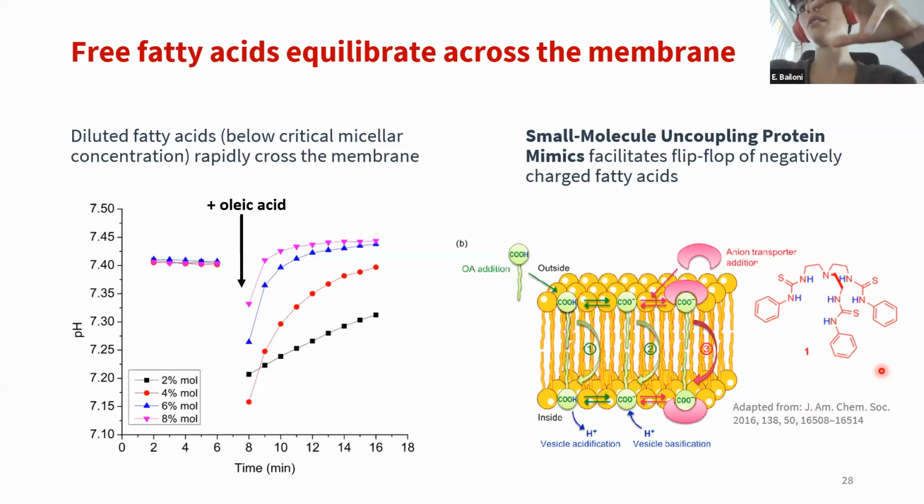What this molecule does is it shields the negative charge of the negative oleic acid, and in this way, it increases the equilibration rate of the negative form of oleic acid. So this is really valuable work, I think, if we would find out that the flip-flop of oleic acid would be limiting in our setup. But this is not the end of the story.